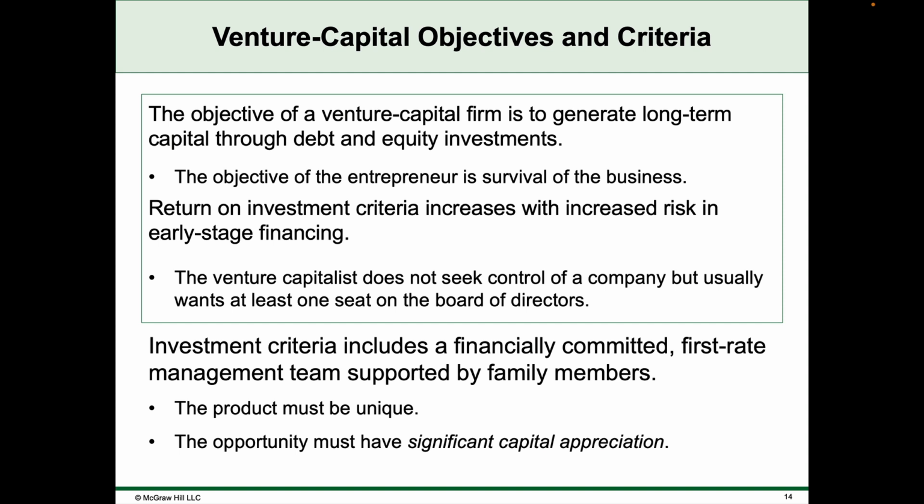Venture capital firms feel pressure from investors to make safe investments, so they invest in later stage financing. Usually, the venture capitalist does not seek control of a company, but prefers the firm and the entrepreneur to have the most risk.